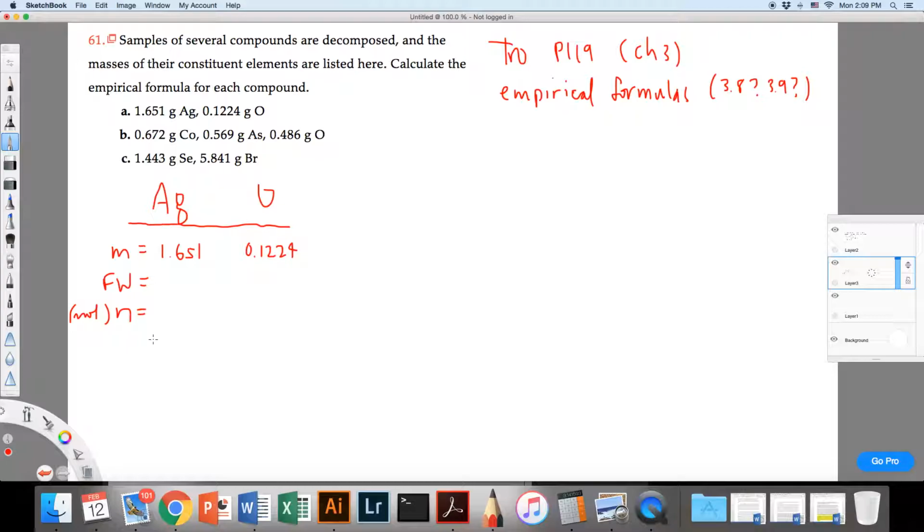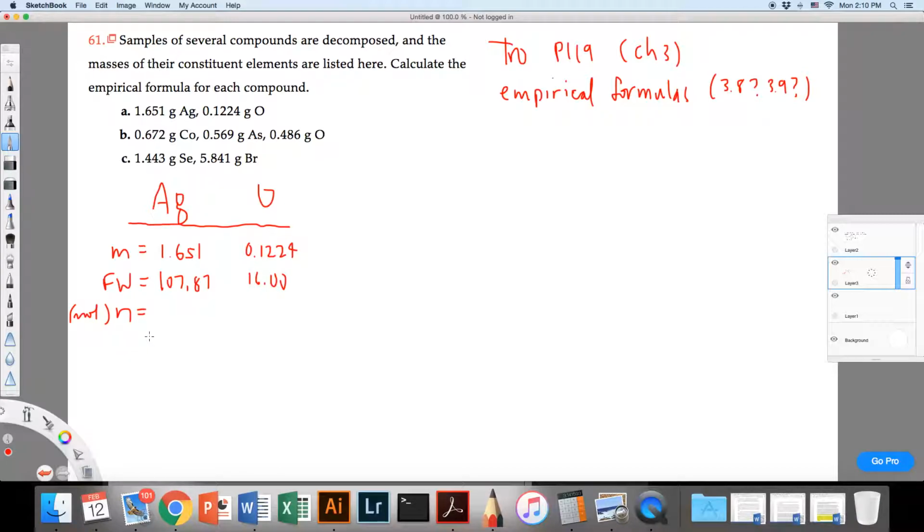I'm going to look for the formula weight in my periodic table, on the inside cover of my book. The formula weight of silver is 107.87. You should pause the video and fill out this table if you know where I'm going with it. And the formula weight of oxygen is 16.00.